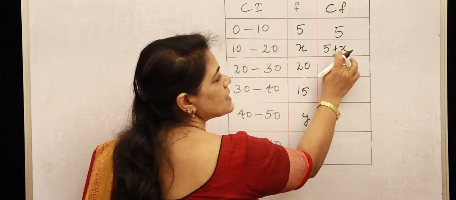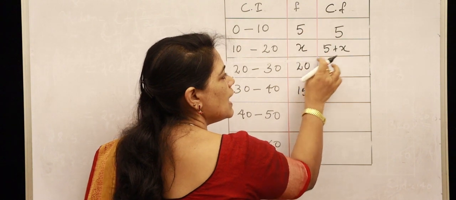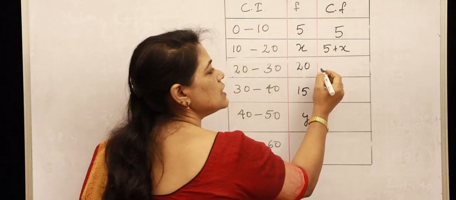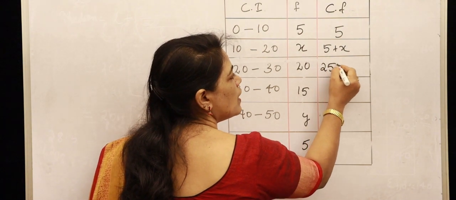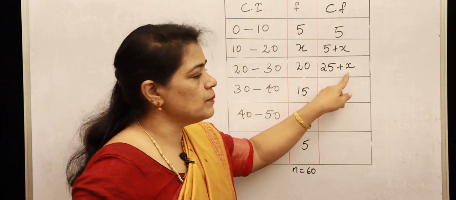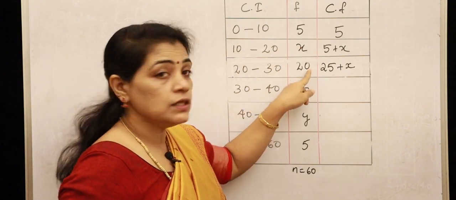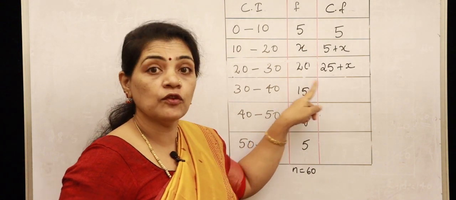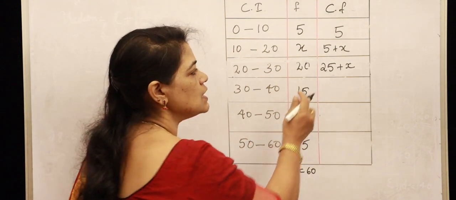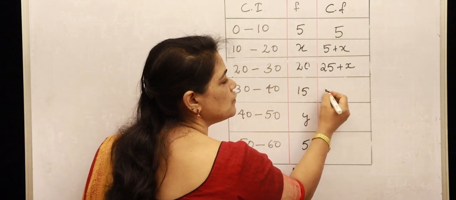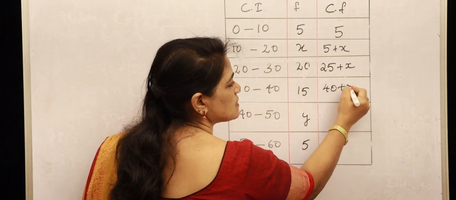So 5 plus x is the sum of these two frequencies, plus 20, and 20 and 5 are constants, so that can be added: 25 plus x. The 25 plus x is the sum of these three frequencies, plus 15 will give you the CF of the fourth class interval, that is 25 plus x plus 15. 25 plus 15 is 40 plus x.